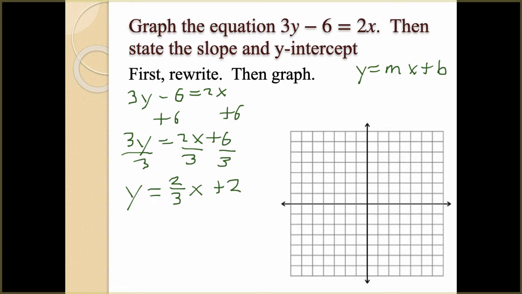Again, we're going to identify our slope and intercept. So our m is 2/3. Our b, or our y-intercept, is 2. So m equals 2/3 and b equals 2. We're going to use the intercept to find our first point, which is right here. And we have a slope of 2/3. We're going to go up 2 over 3.